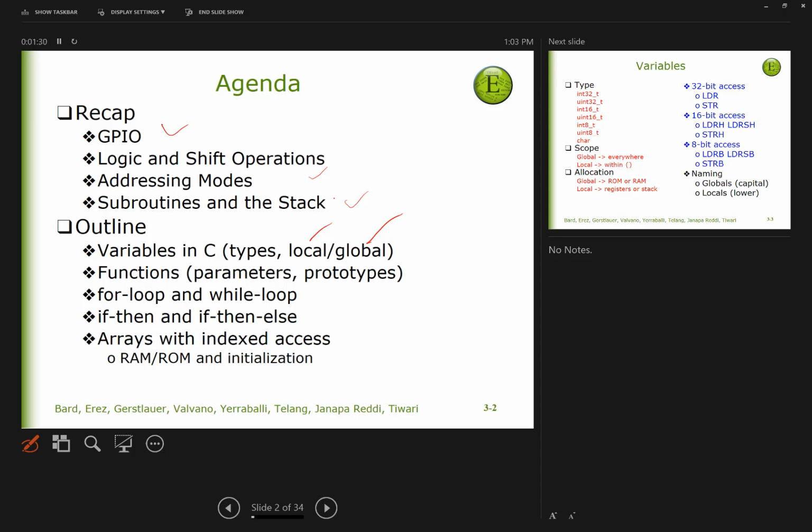And where does the local exist? Okay, the local variable is restricted in what we call scope. Well, who can access it? And when we did assembly language, how did we implement local variables? In assembly language, we created a temporary variable. How?